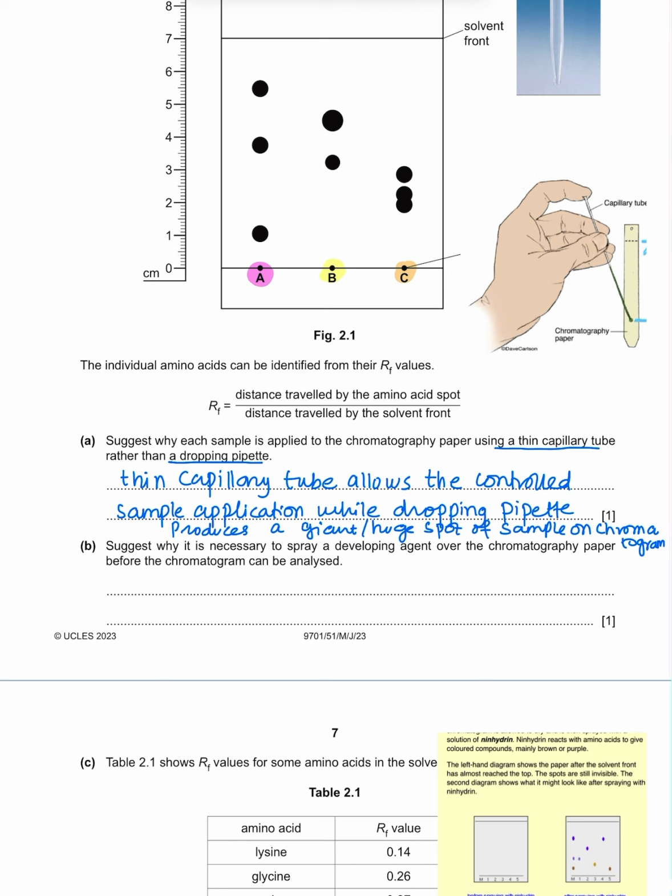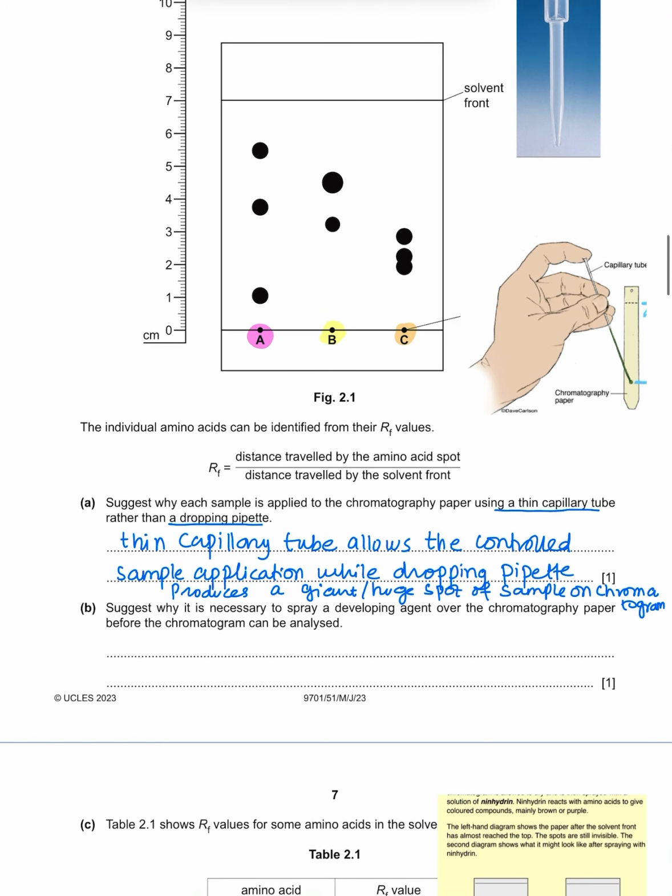So the key idea was to compare the diameters of the two. So you need to refer to this point and then finally to this point.